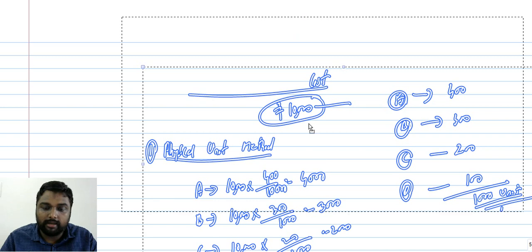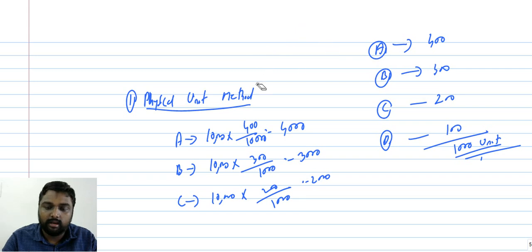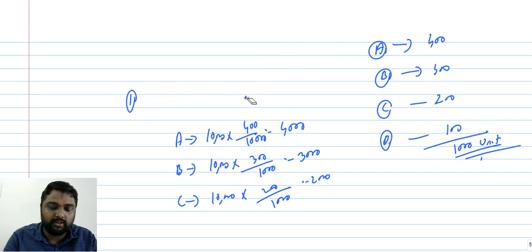What is the method? The second method. So first method physical unit, second method we use selling price.